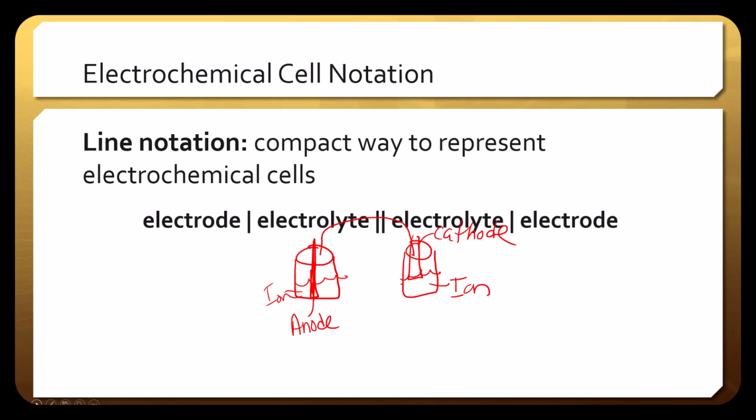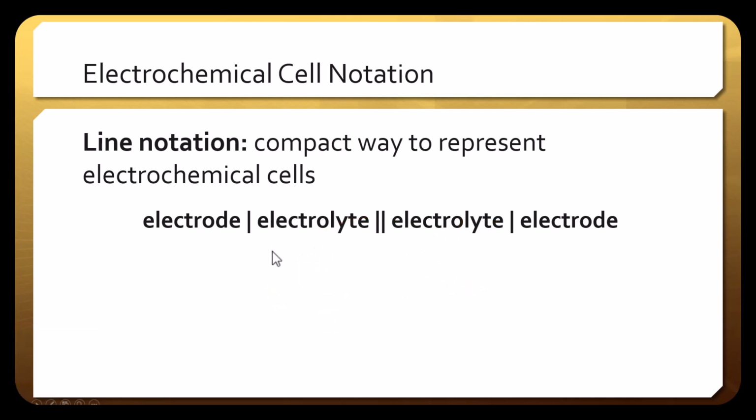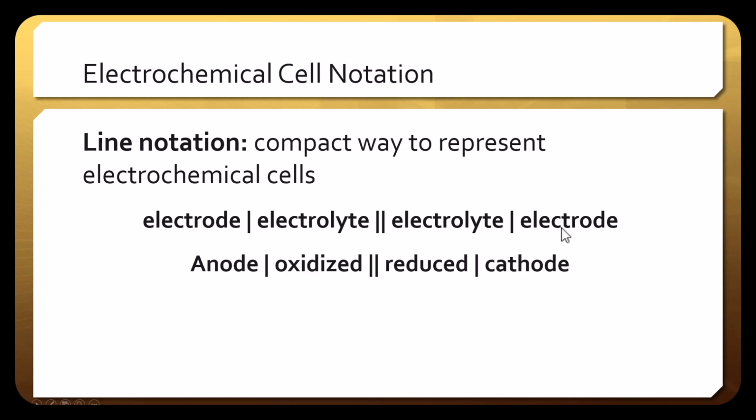In line cell notation, we are going to represent this picture, but with words. The way we're going to do that is the following. We're going to have one of the electrodes, so anode or cathode, a line, then the electrolyte associated with that electrode, two lines to represent that connective wire and the solution, and then the other electrode.